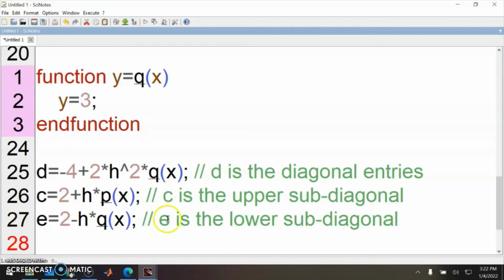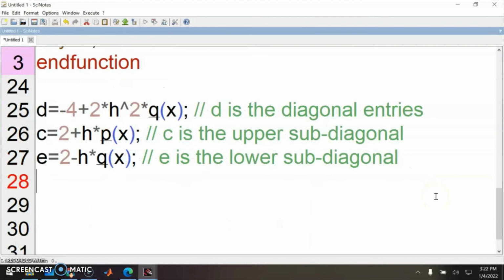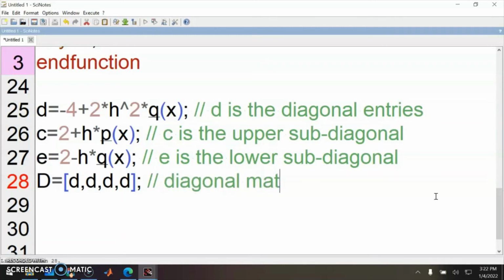Now to create a diagonal matrix, how do you do that? Let's call it big D, which is small d, small d, small d, small d. This is my diagonal matrix involving all the D entries.